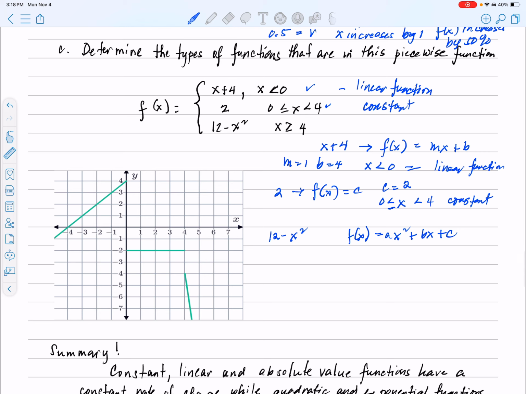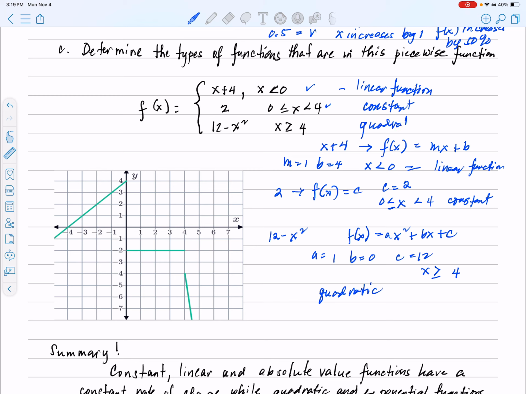So in this case, a is 1, b is 0, you have no middle term here, and c is 12. Therefore, the function defines the interval that is x greater than or equal to 4. So this is quadratic. Okay, the third one is quadratic.